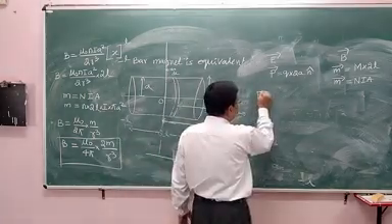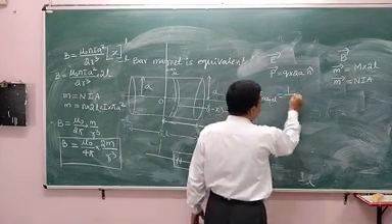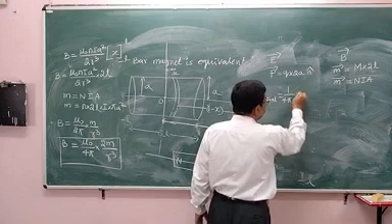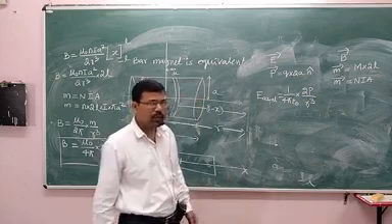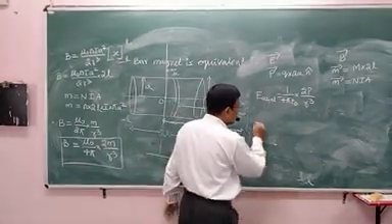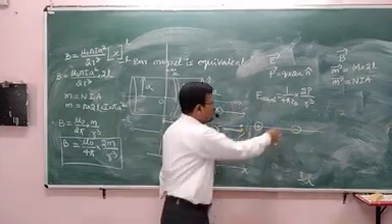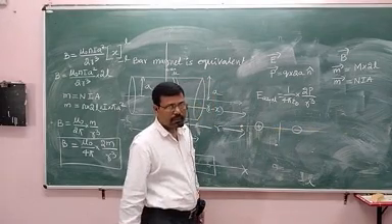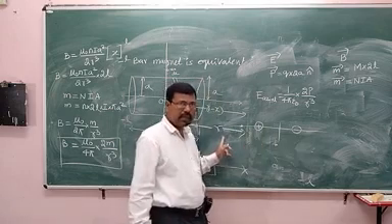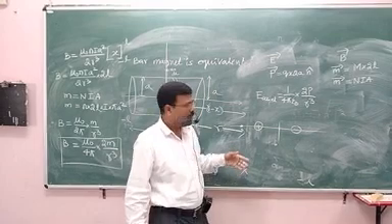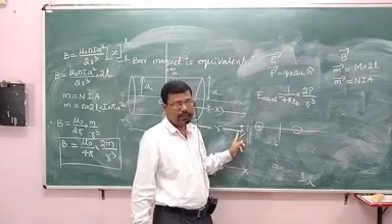As we know, E axial is equal to 1 by 4 pi epsilon naught into 2p by r cube. What is this? Electric field at an axial point from the center of the dipole, that is, the electric field at a point on the axis of the dipole.